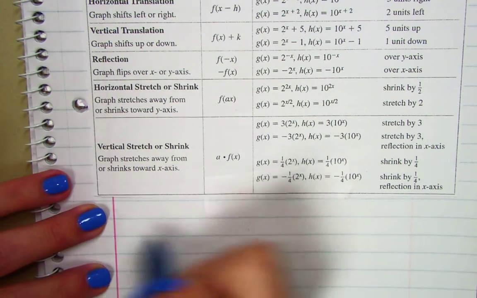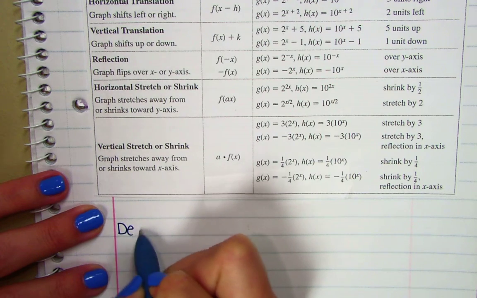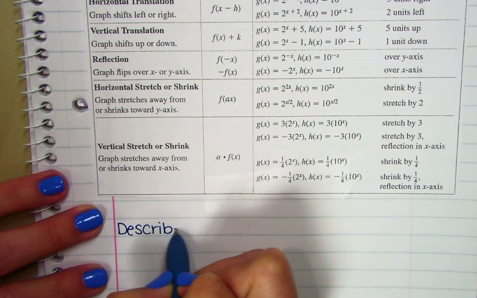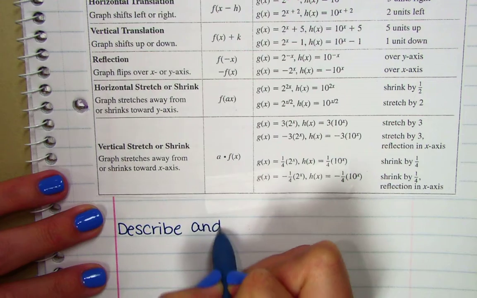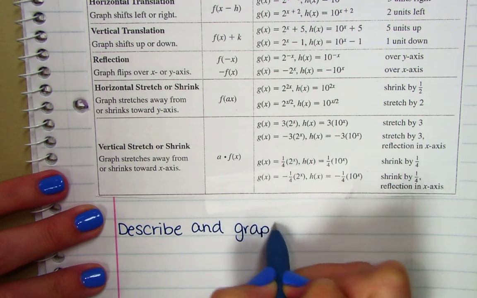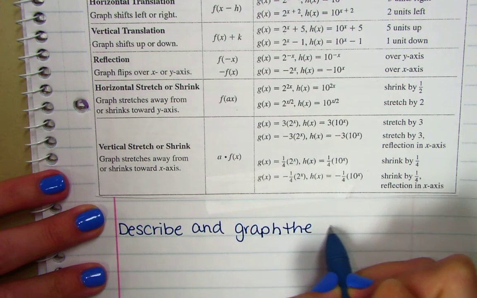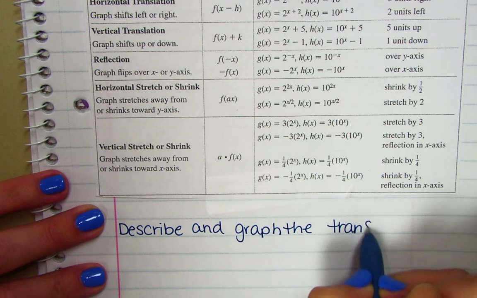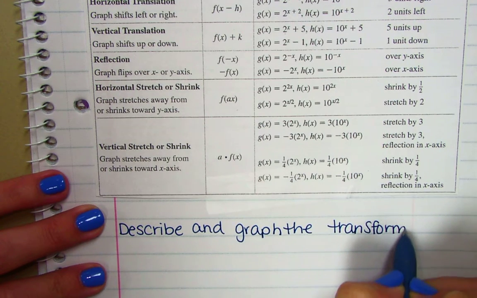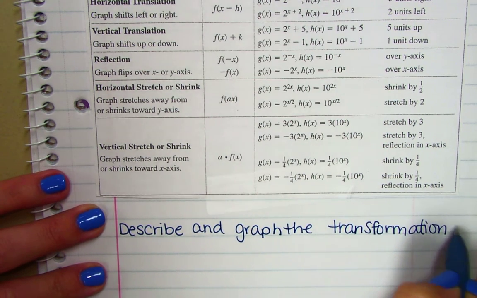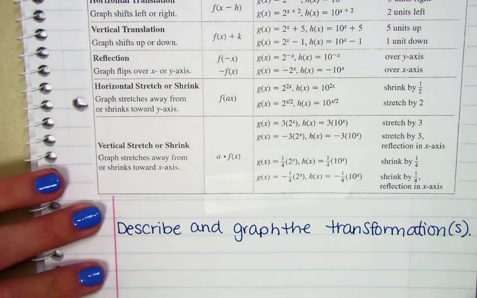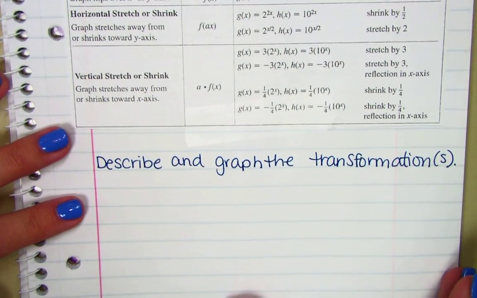The first one, the instructions are going to be: describe and graph the transformations. That looks like one word, but it's 2. Describe and graph the transformations.